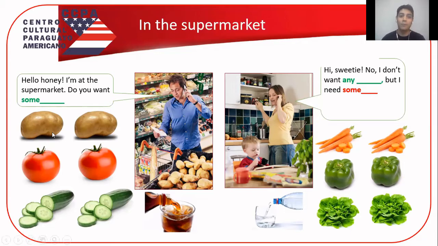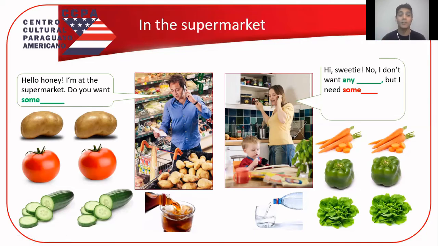So when you have plural nouns, we use some. When you have want, we use some with non-countable nouns like these three. Okay, you can practice this and then you can do it orally. Practice over and over again.